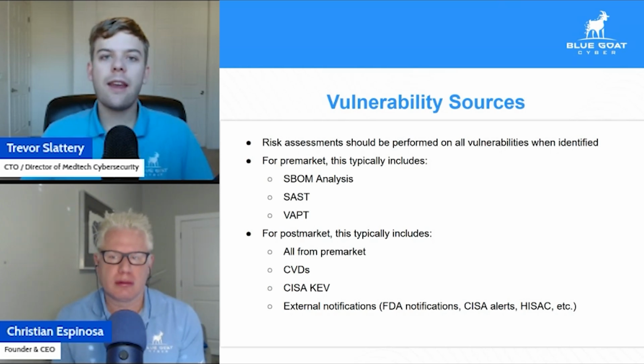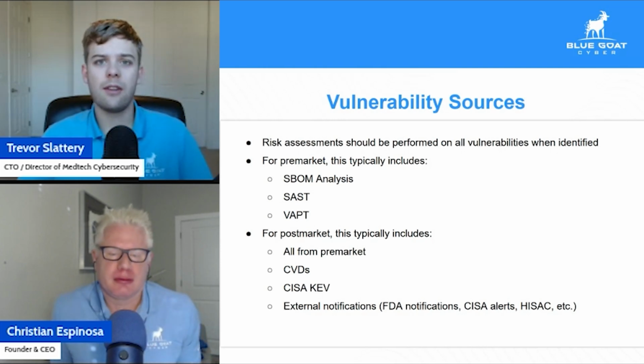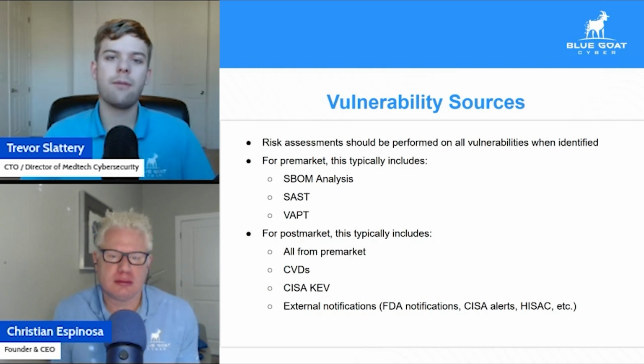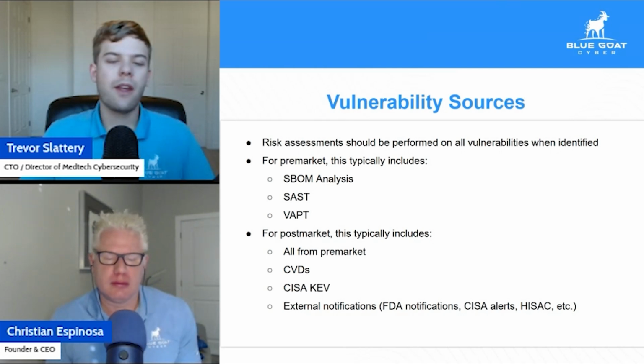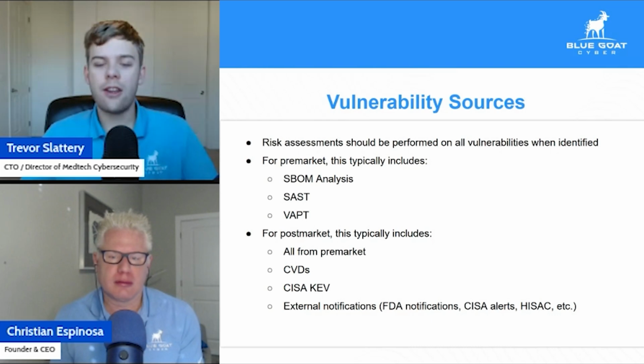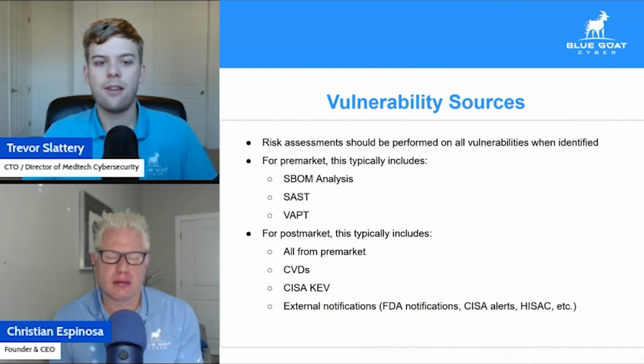Now, when we're looking at these vulnerability sources, they can vary a little bit between the pre-market and the post-market phase. In the pre-market phase, you don't have a fielded device yet. There aren't as many external notifications that you can pull in information from. So you're usually going to look at stuff just through security testing against the device.